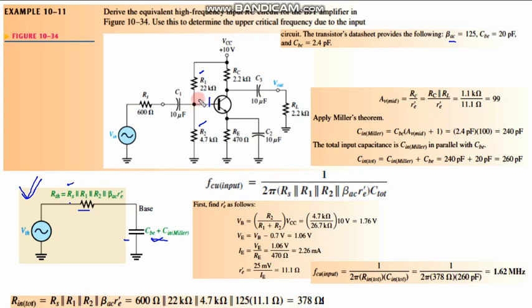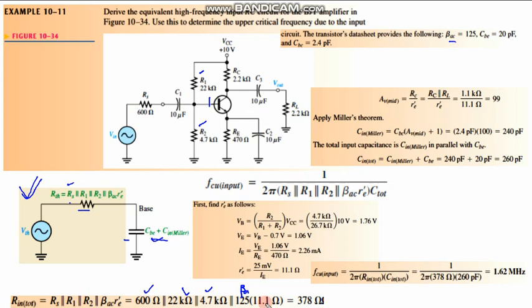So you put the values 600, 4.7, 22. Because there is also RS, the input source resistance of 600, this will also come into play. And this is beta AC times RE prime, very simple.